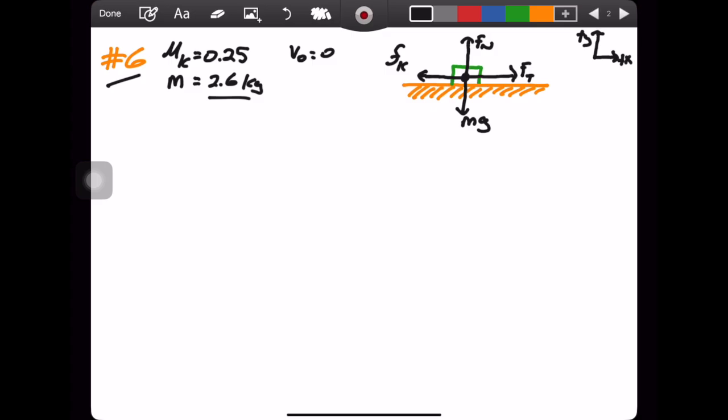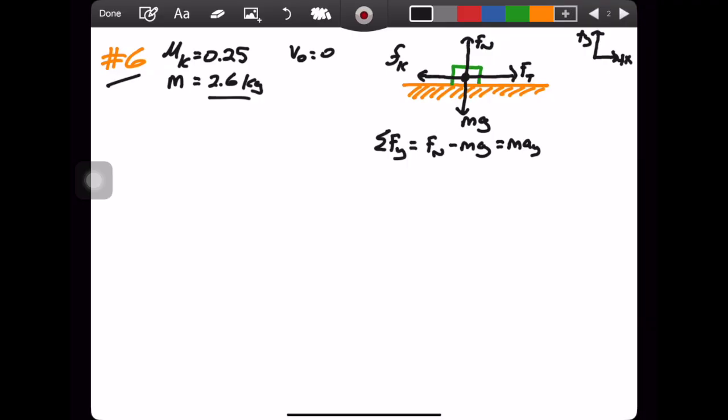Let's go ahead and do the vertical direction first. The sum of our forces in y is equal to the normal force, which is positive because I'm having positive y be upward, minus mg because mg is downward in y, and I can say that that is equal to the mass times the acceleration in the y direction.